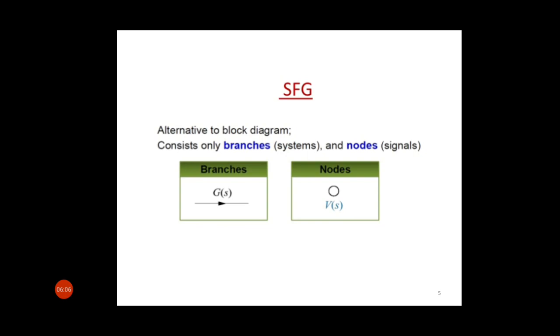We have already seen there are so many elements in block diagram. One is summing point, second one is take-off point, and third one is block. Like block diagram, signal flow graph also has some elements. The elements are branches and nodes. Branches mean system, and nodes mean signal.